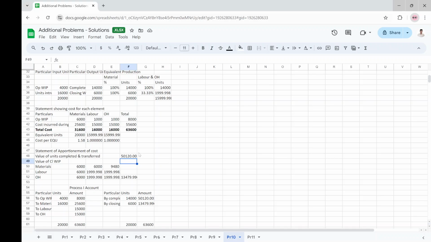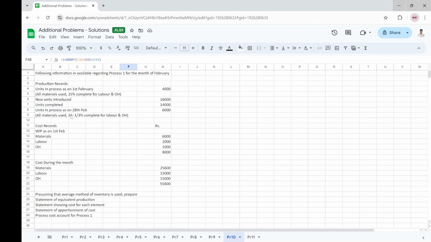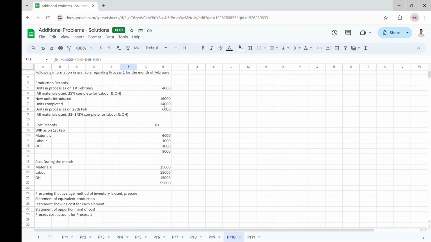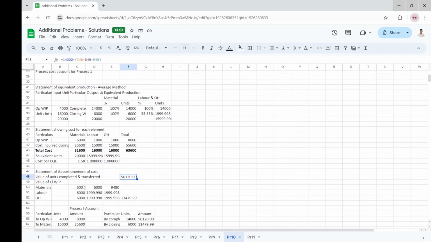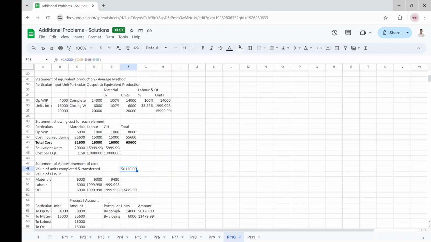So we have to calculate the total cost of these three. So 14,000 into the addition of these three is the value of the units. For closing work in progress, which is 6,000, for material it will be 6,000, but for labor it will be one third, basically 2,000, 2,000.